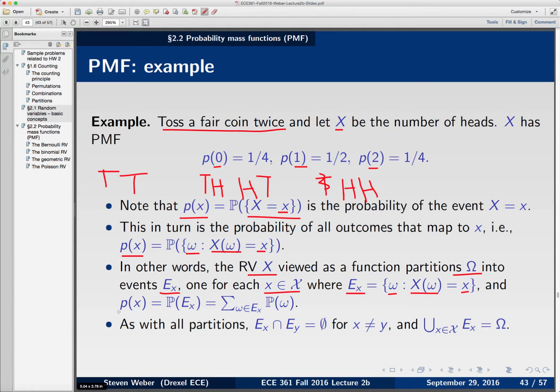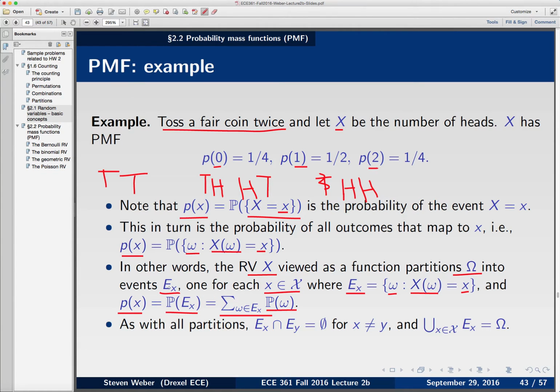Here we see formalized what we did intuitively in this example. The probability that the random variable X takes value little x is the probability of the event E sub x, and by the discrete probability law, that's the sum over all outcomes in that event of the probability of that outcome.